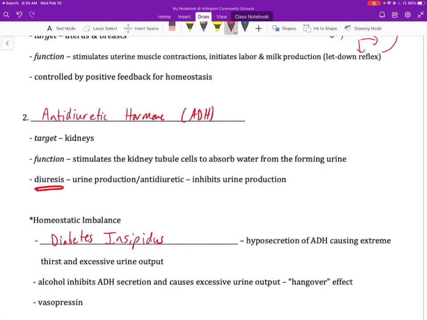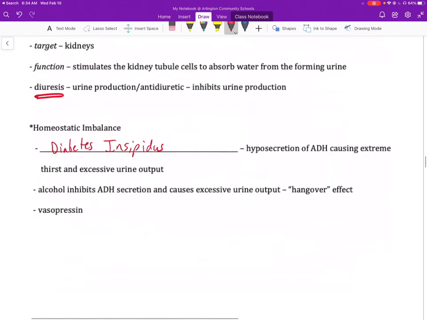There are chemicals in certain things that we ingest, like coffee or tea, that act as ADH inhibitors, and usually when you drink those, you pee a lot due to not being able to absorb the water, which is why you get dehydrated very quickly if you do not replenish your body with water.